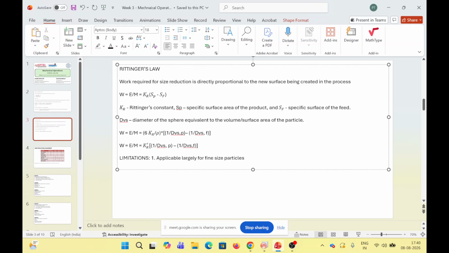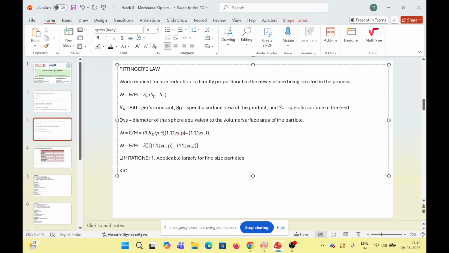So that is one of the major limitations. Just like how you saw in case of the Kick's law, it's typically applicable only for porous particles. Similarly, Rittinger's law is going to be applicable only for fine size particles. And apart from these two limitations that are specific for each of these two laws, they also share some limitations in common.